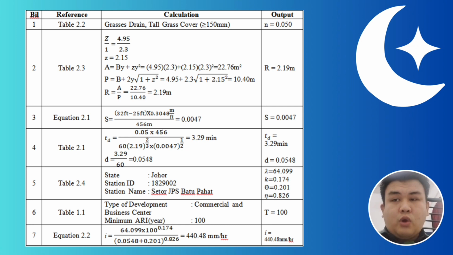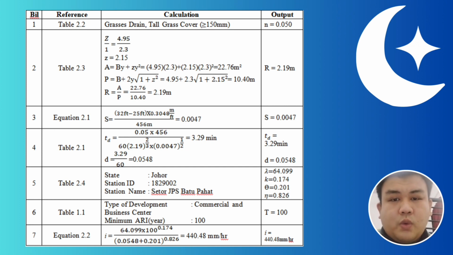In this slide, I would like to talk about the calculation for the existing drainage channel. From the site visit, we know that the grass is about 150 mm, so the Manning roughness coefficient is 0.05. Then we go to number 2 to find the hydraulic radius. First we need to find the area and then the wetted perimeter.